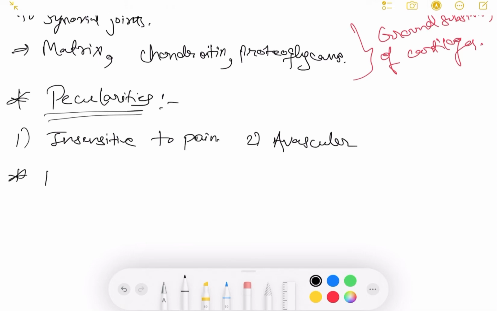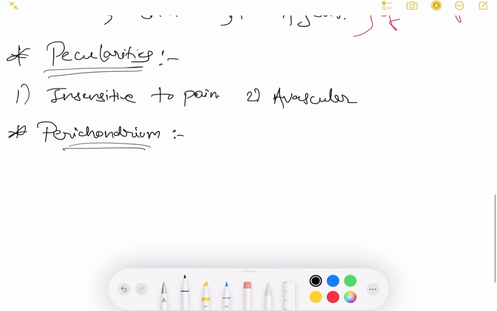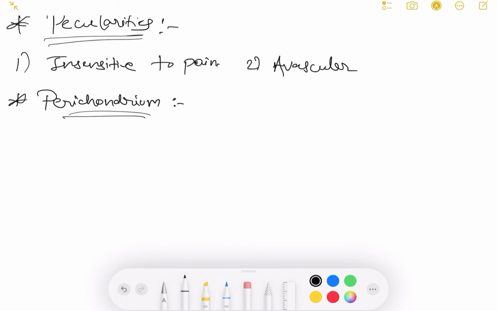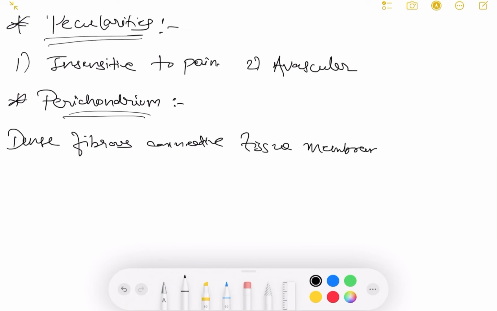Now we will discuss perichondrium. Cartilage has a dense fibrous connective tissue membrane, and that is known as perichondrium.